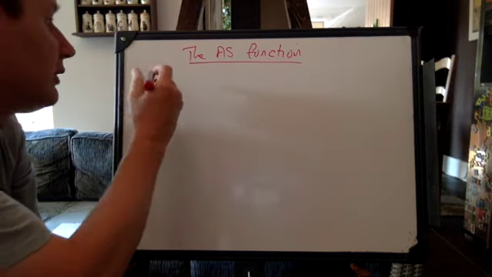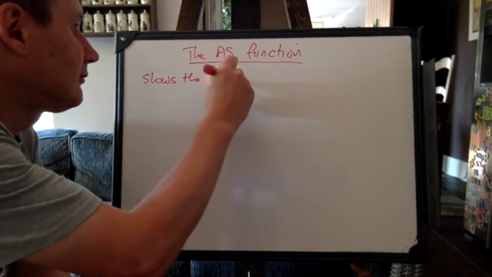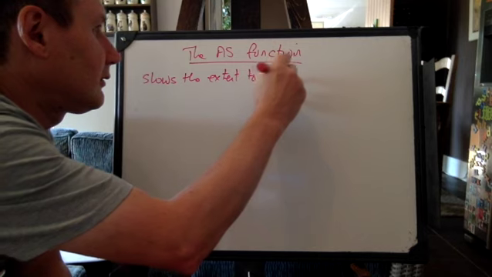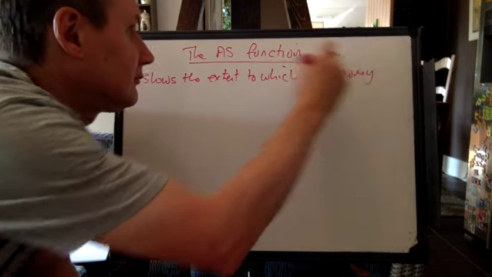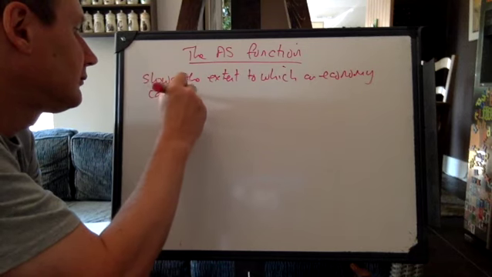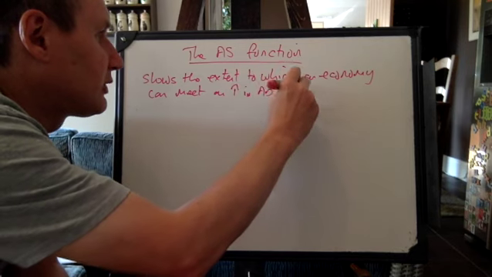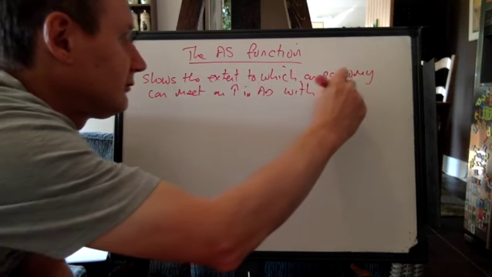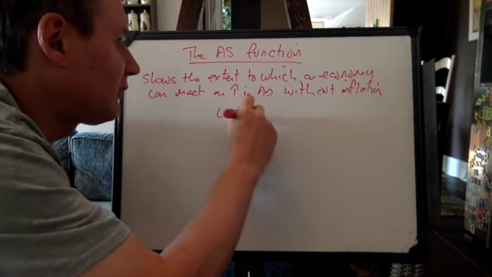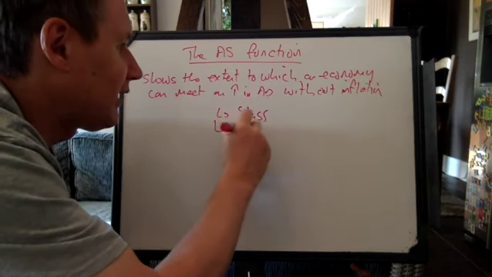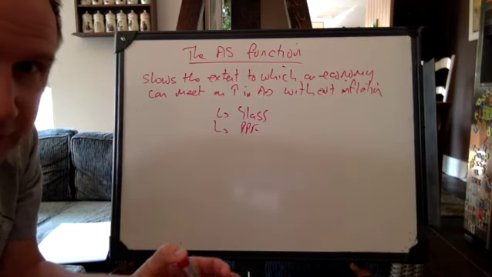It shows the extent to which an economy can meet an increase in AD without experiencing inflation. So, as we know from before, it's effectively the glass, it's the PPF. But what we're doing is building in some element of the price level here.